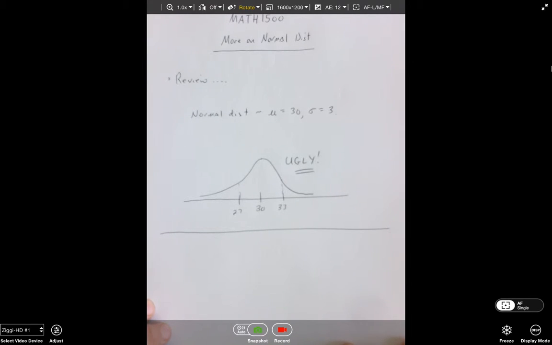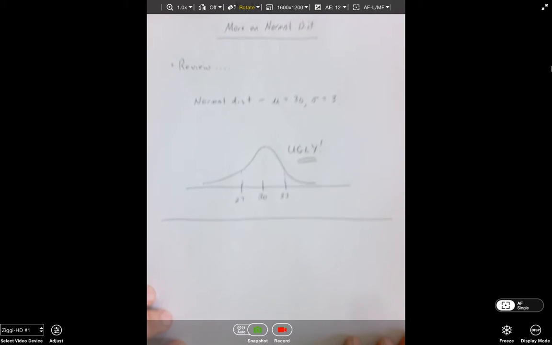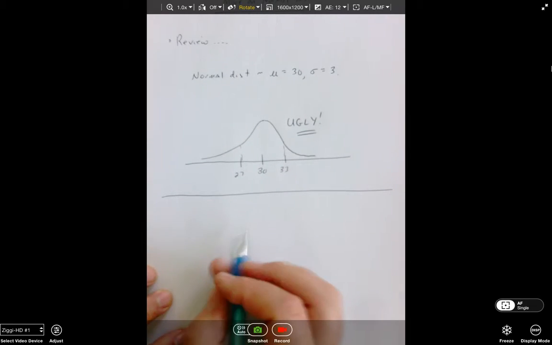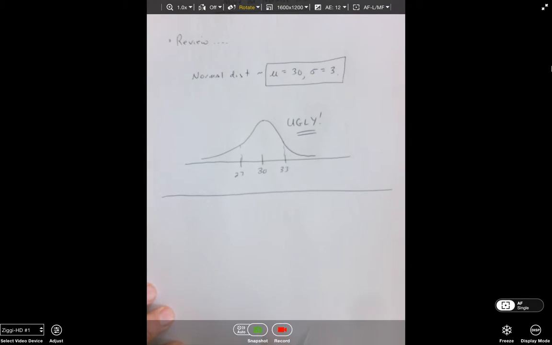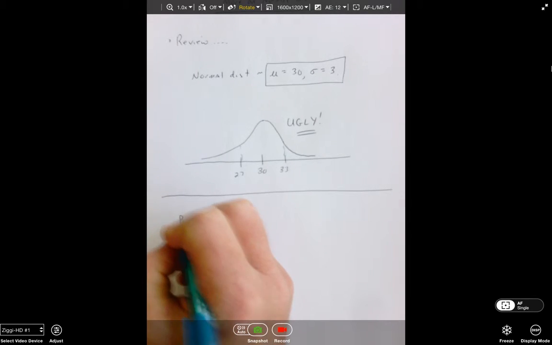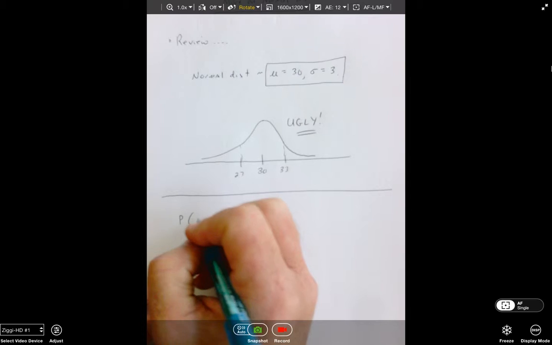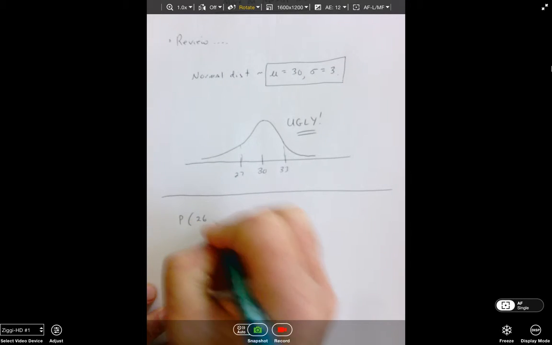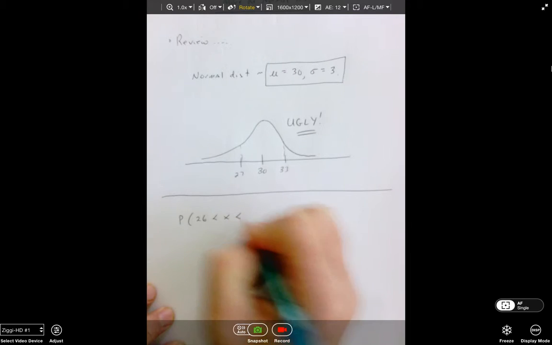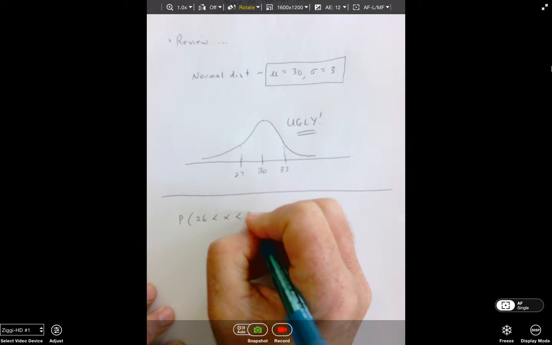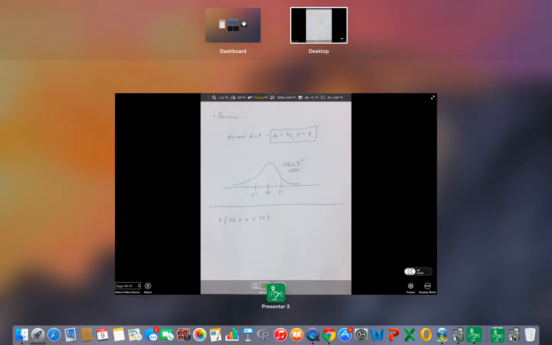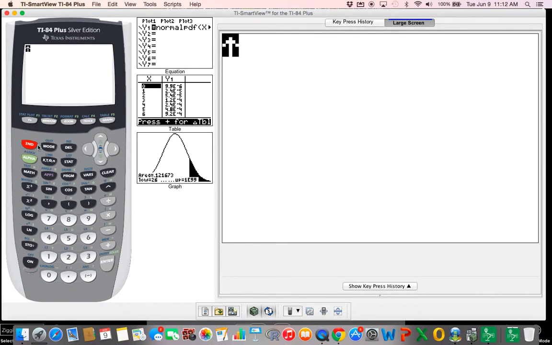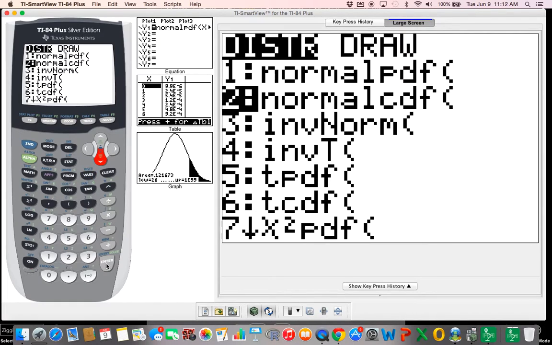If we want to get fancy, we can use that normal PDF stuff that I showed you in the previous video. So in something like this, concentrating on this mean of 30, standard deviation 3, if we want to look at the probability that we select some value from that that's between, say, 26 and 34, for example, we can easily work this type of problem on our calculator using the normal CDF key, just as we've shown before.